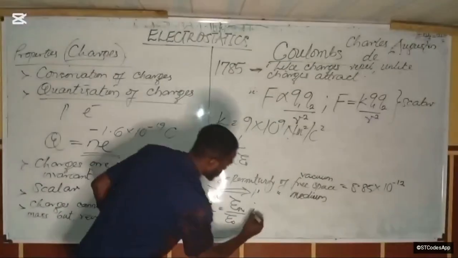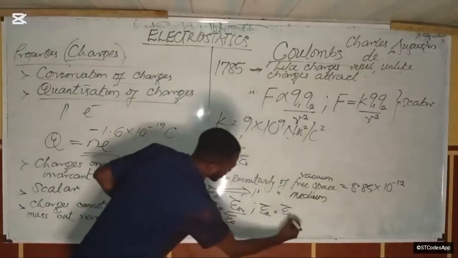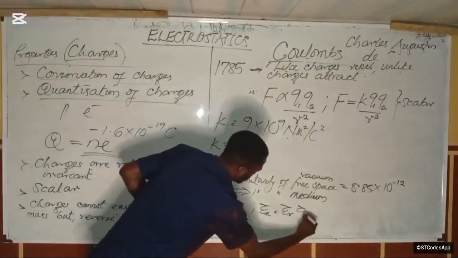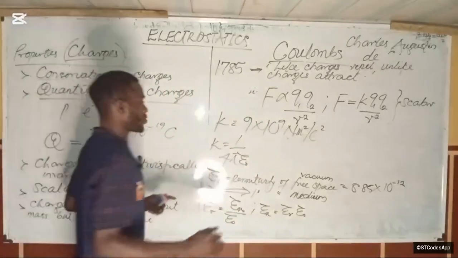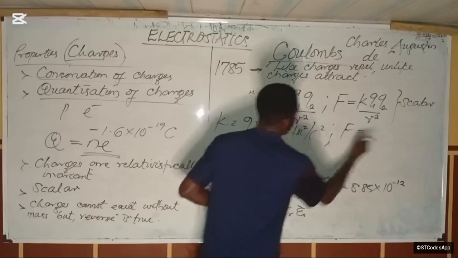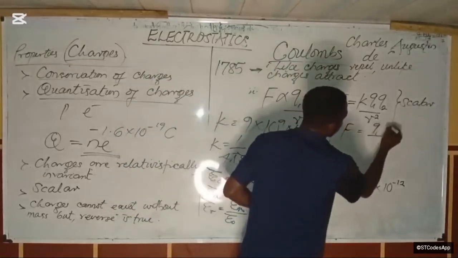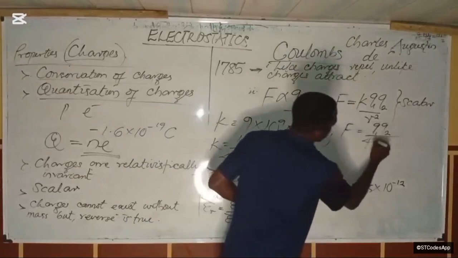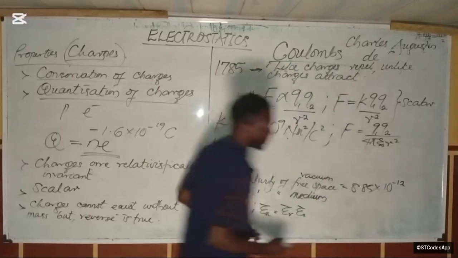So if we want to calculate the permittivity of a medium, it will be the relative permittivity times the permittivity of free space. In other words, if our equation F became, by the time we introduce this value of K, Q1Q2 over 4 pi epsilon naught R squared.